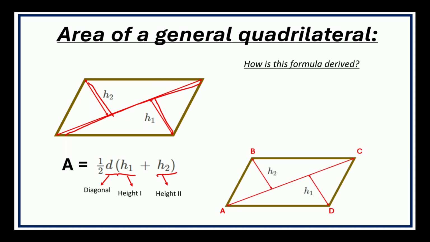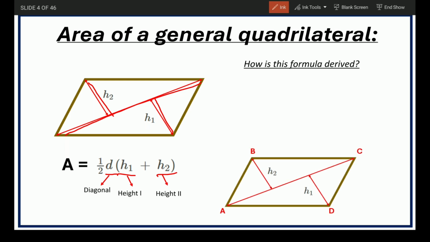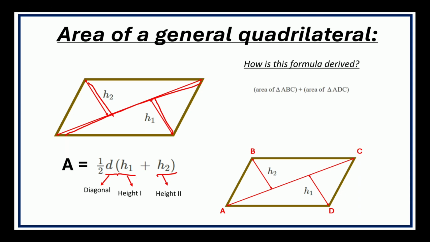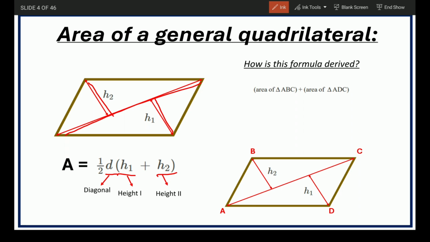Let's take a similar figure again, except we'll mark it A, B, C and D. Now for this formula, if you analyze this, we have two triangles over here. We can understand that these two triangles' areas added give the area of the entire quadrilateral. So this is the area of triangle ABC and triangle ADC.